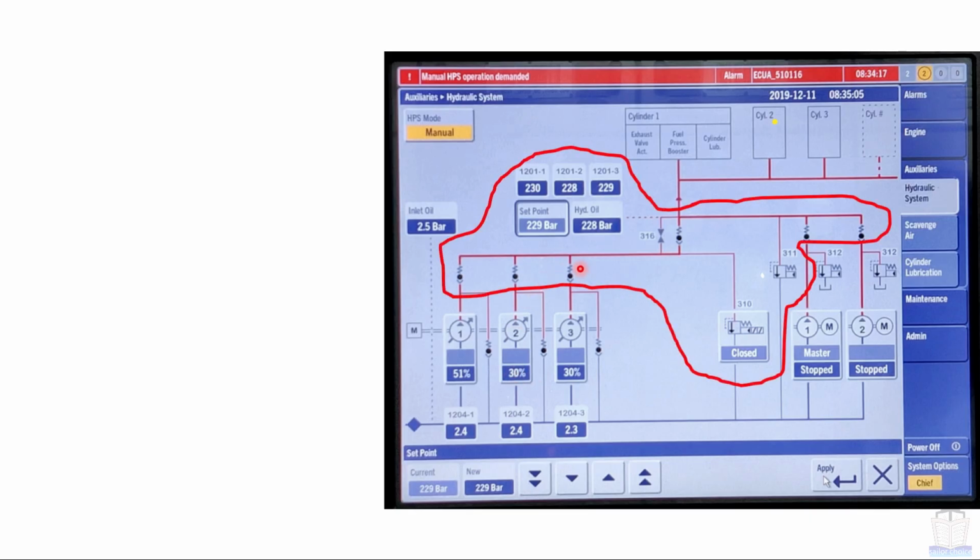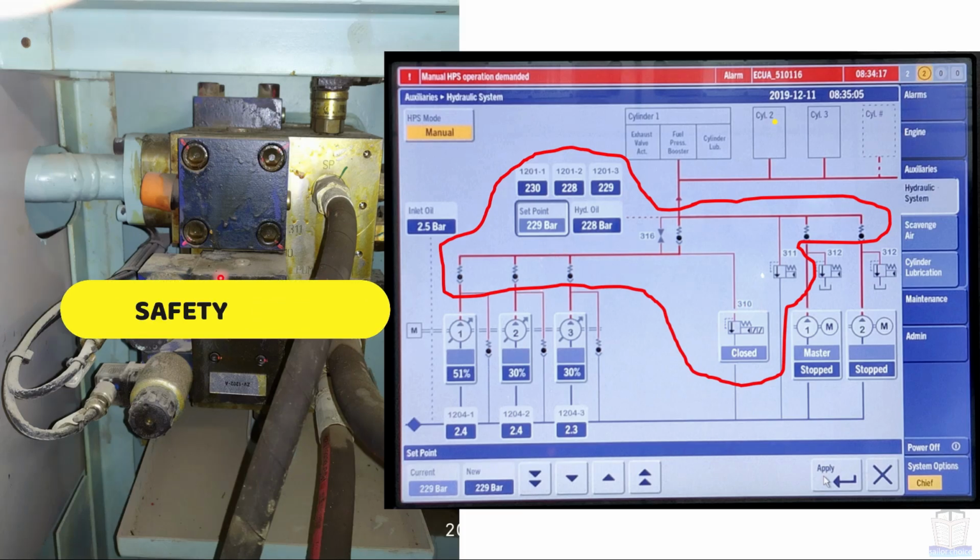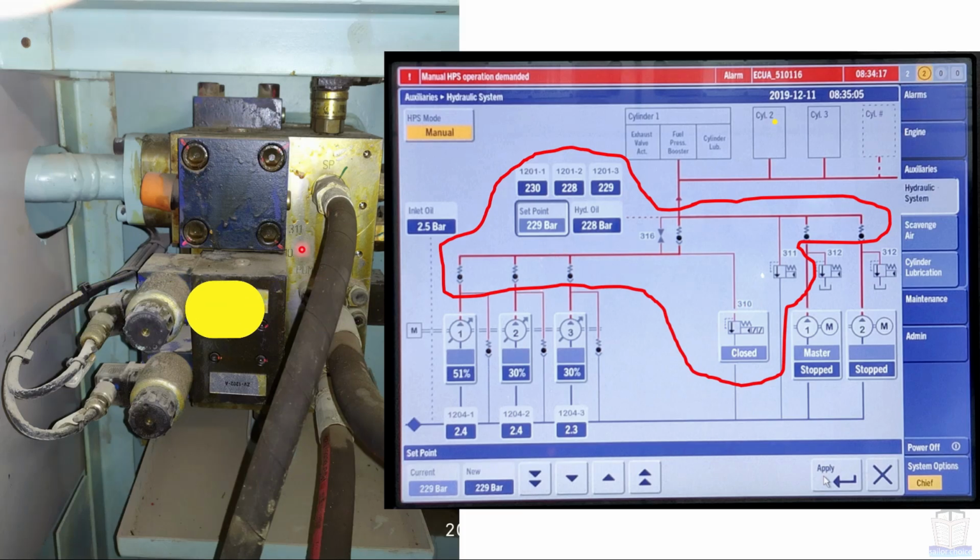Now going to talk about all these components which are encircled with this red line. That means all these three pressure transmitters, this valve 316, all these non-return valves, valve number 311 and valve number 310. That means I am talking about this safety block. In this safety block, all these components are installed.